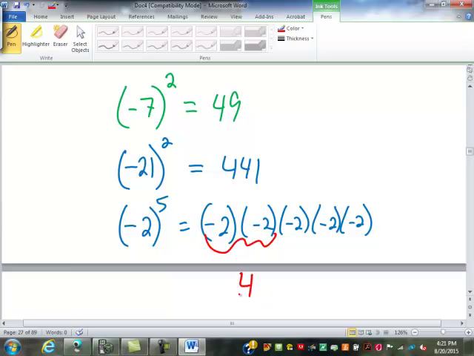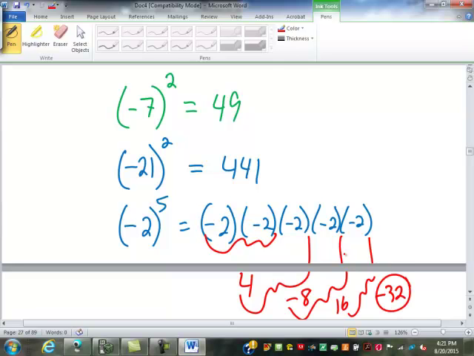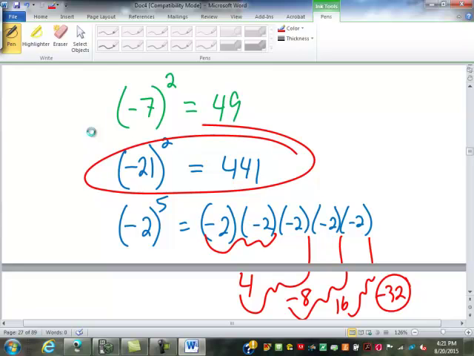This one multiplies with that one to become a negative 8. Multiplies with that one, now it's back to positive 16. Times the negative 2 is going to be negative 32. Why is that one negative when this one was always positive? It's not a 2, it's power of 5, right?